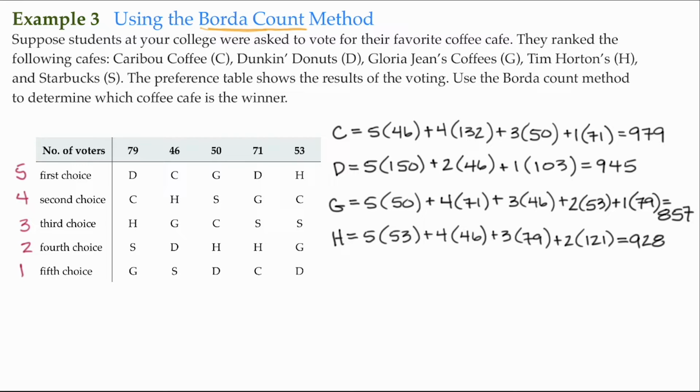And then the final candidate, that's Starbucks. Starbucks has no first choice rankings. Here's a second choice, that's 4 times 50. Here's their third choice, 71 and 53, that's 124.